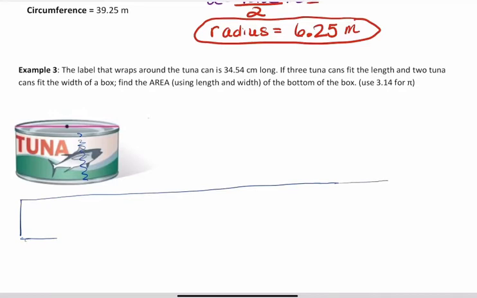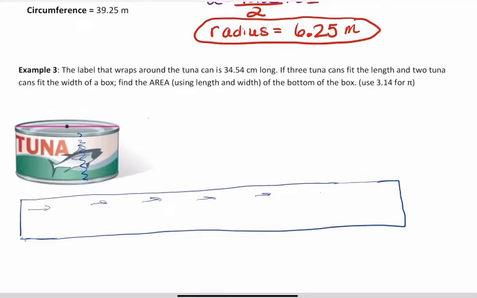I probably drew that too short, but the label goes around the can. So what's the label doing? The label is essentially looking at the circumference. And it says that the label that goes around the can is 34.54 centimeters long.